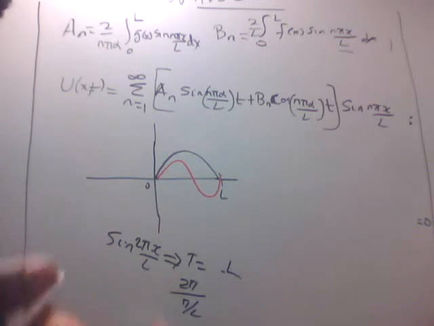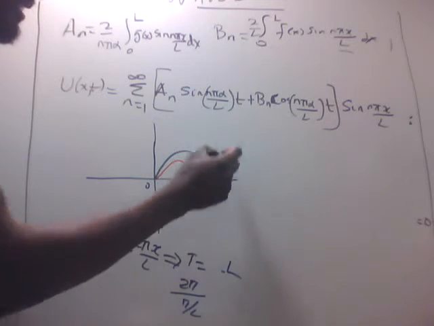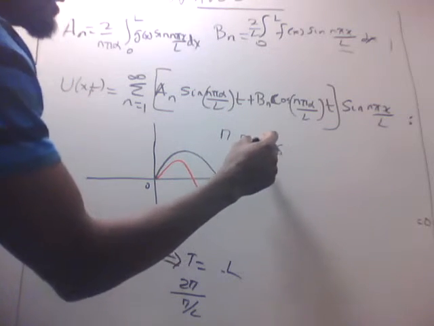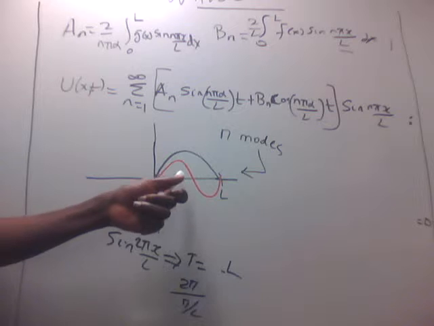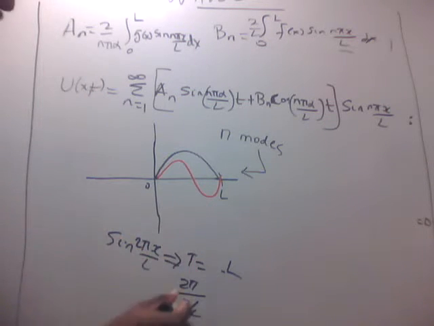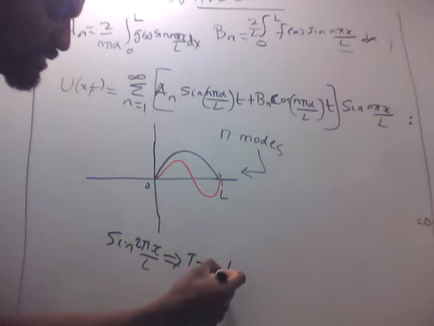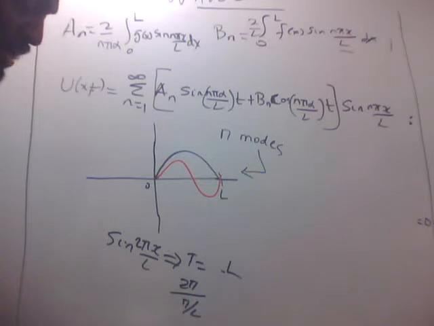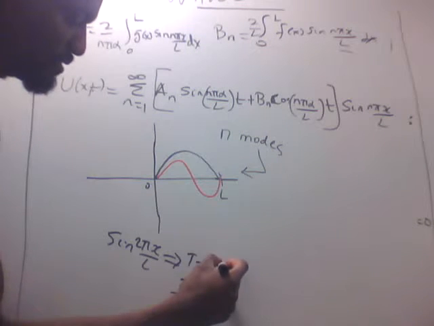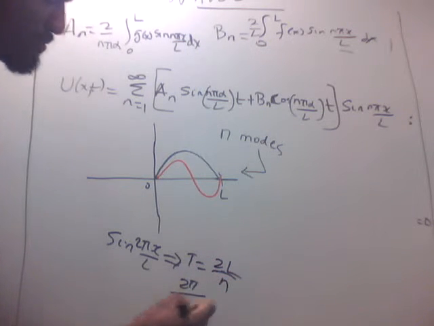They're called different modes. There are n modes, and these modes have different periodicities as a function of n as follows, right? T equals 2 pi over n pi over L. So that's 2L over n.